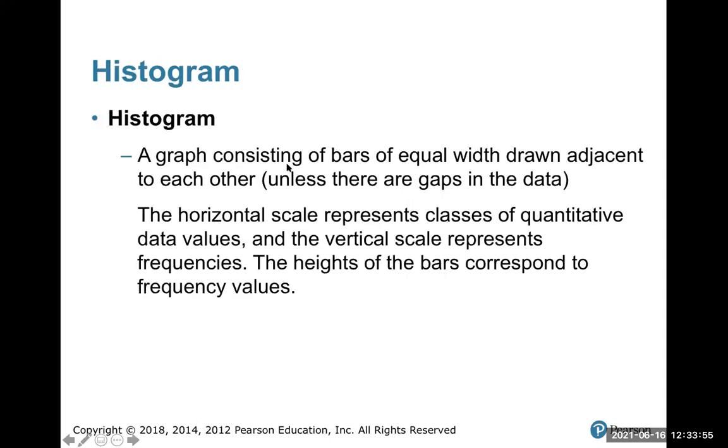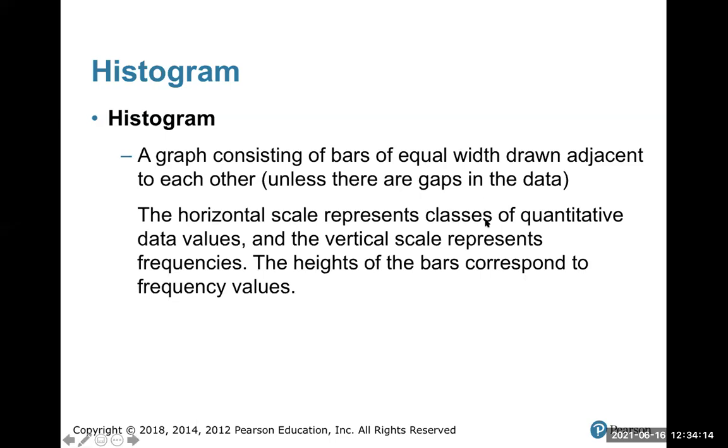So a couple of things on the histogram. A graph consists of bars of equal width. We all agree with that. Adjacent to each other, no gap unless there is no data. For the zeros, your vertical movement is just zero, a straight line.